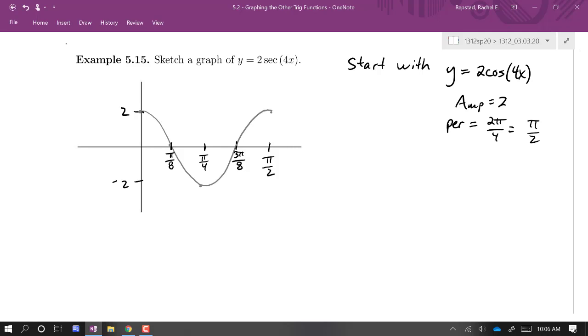Asymptotes. Where do those go? Good. And then? Draw the U's. Yeah, I mean, we know that the values of the secant and cosine will be the same at the peaks and valleys, and we draw our little U shapes.